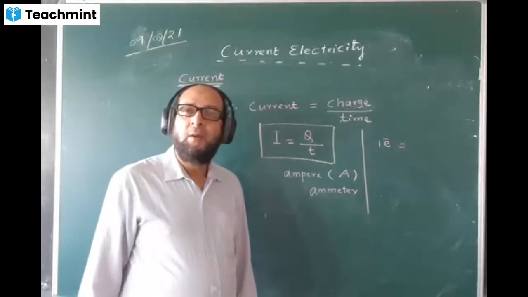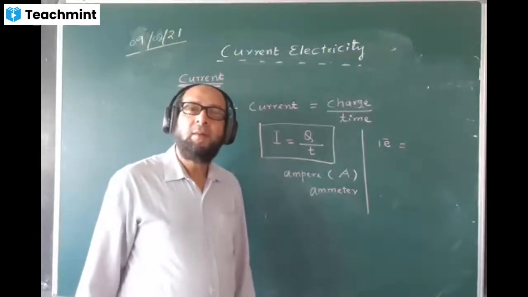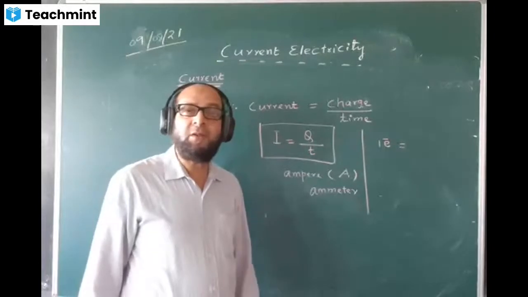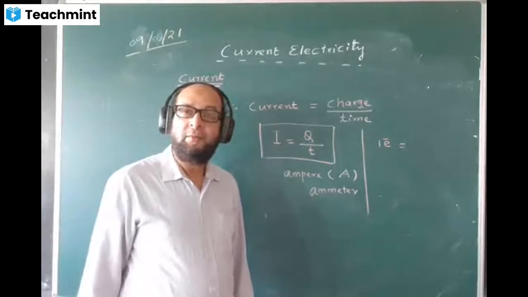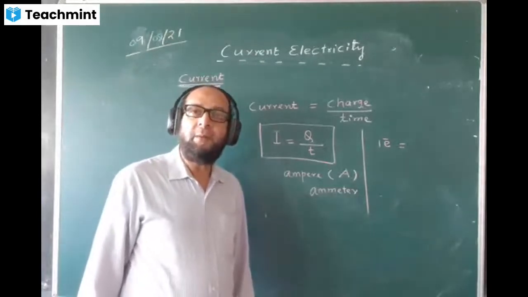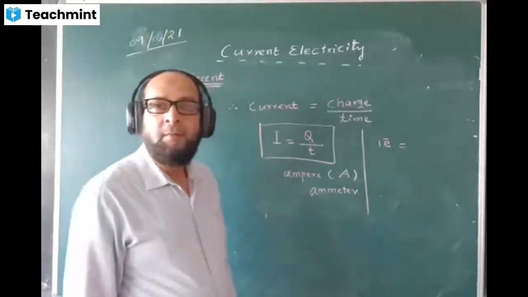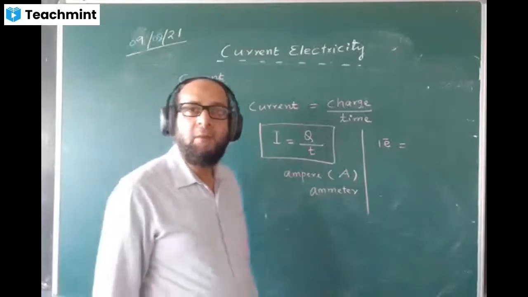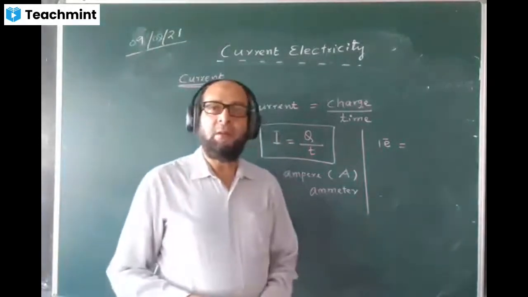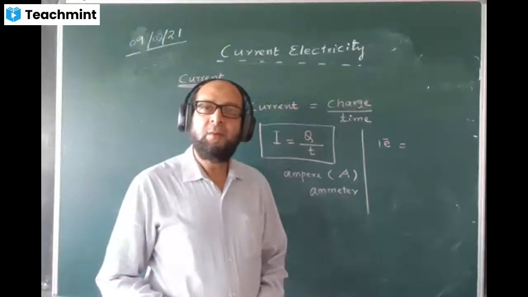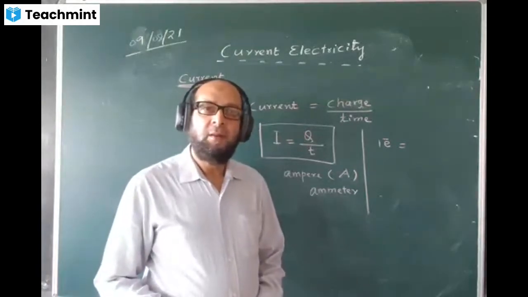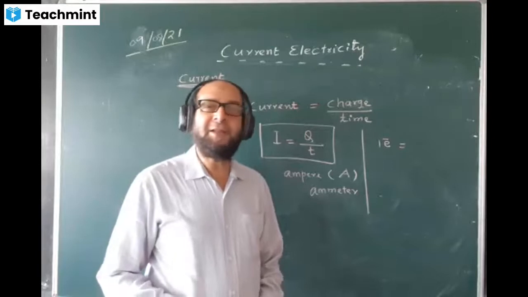No. Anybody else? I think I have taught this and you are not remembering it. I have already given this value in the previous classes, so you should know all the things whatever has been taught. 1.602 into 10 raised to minus 19. You are checking in Google, huh?